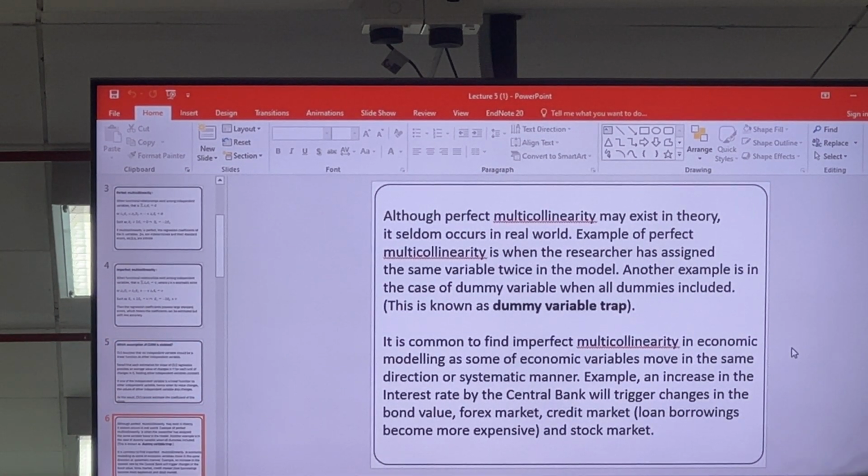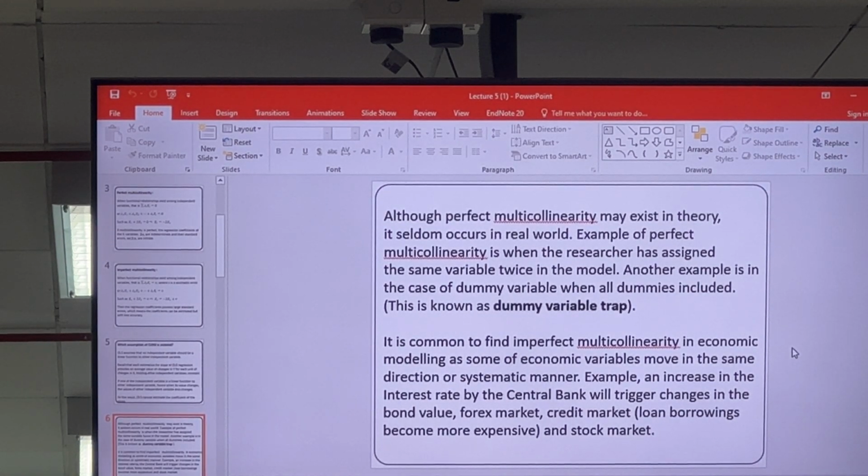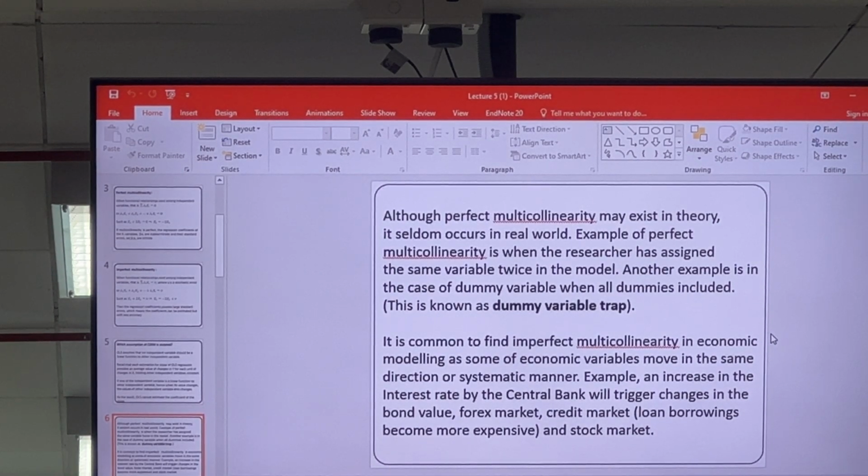Although perfect multicollinearity may exist in theory, it seldom occurs in the real world. An example of perfect multicollinearity is when the researcher has assigned the same variable twice in the model.